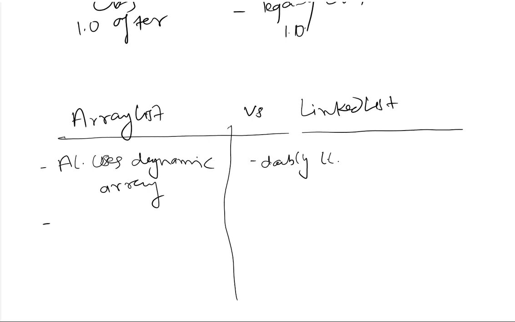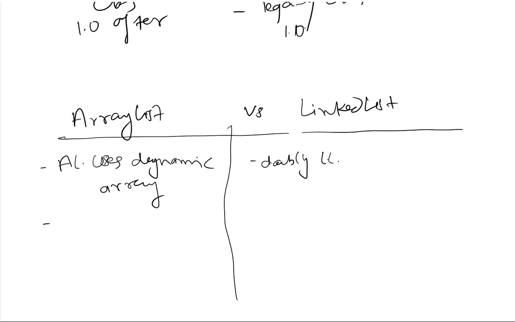Right, now the next point. From the operation point of view, ArrayList is better to store and fetch the data. I mean, on fetching and storing the data, it is better.